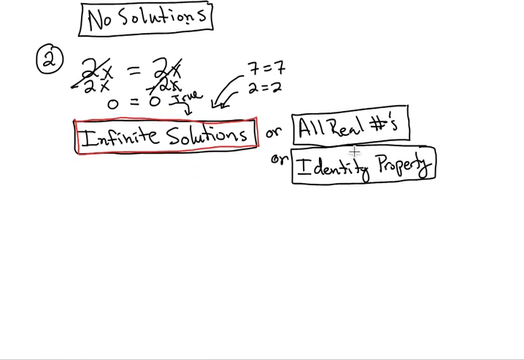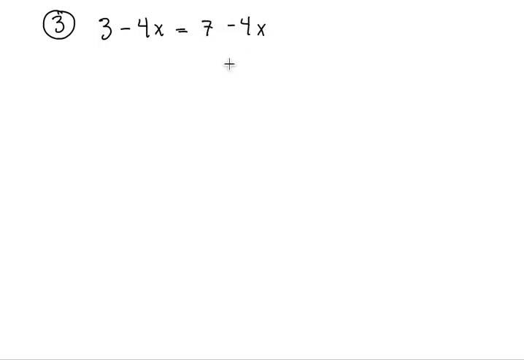So now those were kind of easier problems, and we get into equations that are a little bit more complicated, and we don't see that it's an infinite or no solution. So we've got 3 minus 4x equals 7 minus 4x. Our goal is to get x by itself.